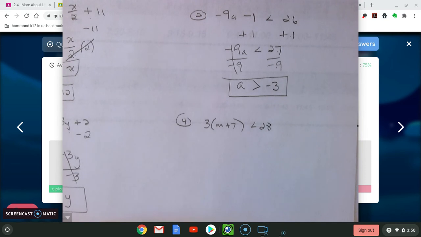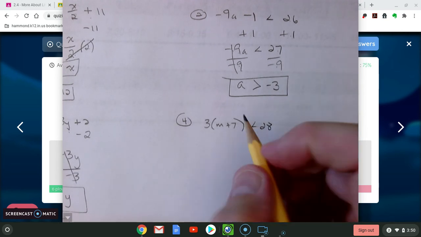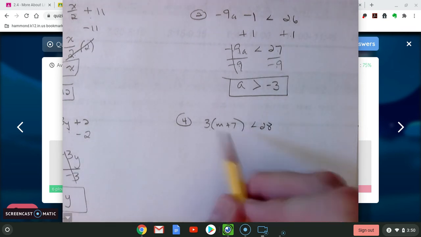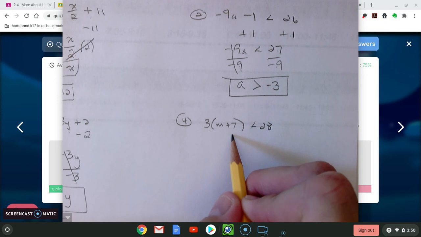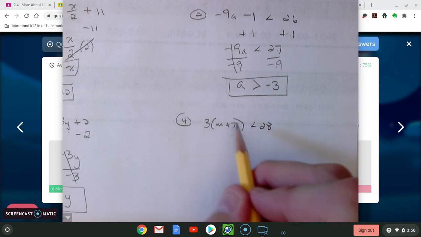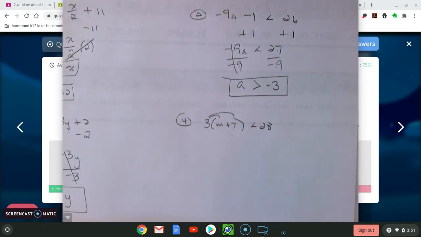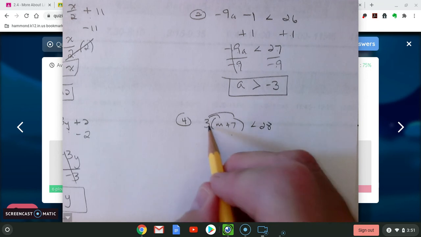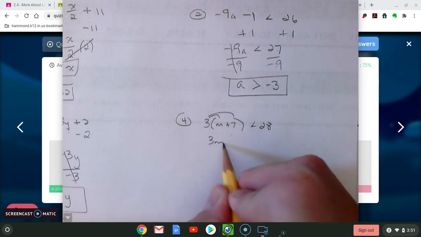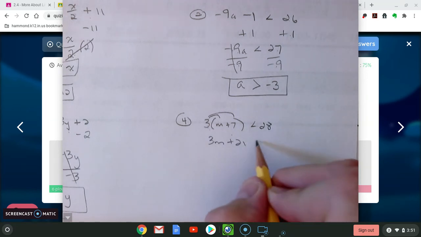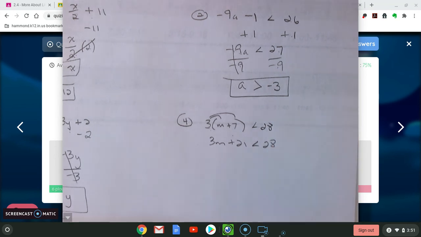All right, and one more example. We're going to amp up the level of difficulty on this one a little bit. So we've got a multi-step inequality. We've got to resolve the distributive property here. So most of us, I think by now, have been doing distributive property since 5th grade. So we see this and we're going to say 3 times m is 3m, 3 times 7 is 21, and then less than 28.